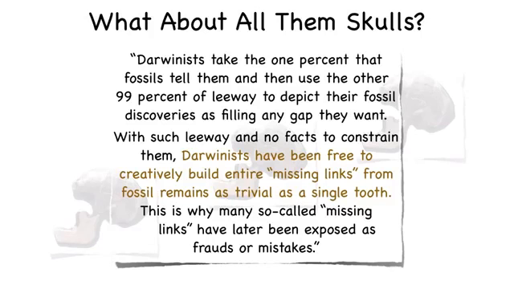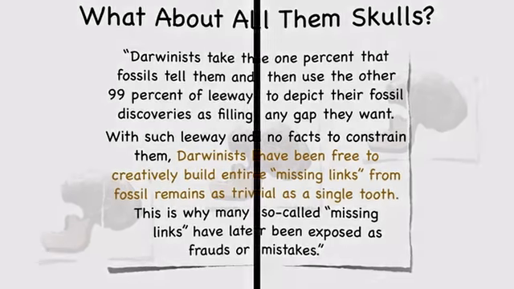With such leeway, and no facts to constrain them, Darwinists have been free to creatively build entire missing links from fossil remains as trivial as a single tooth. This is why so many missing links have later been exposed as frauds or mistakes."